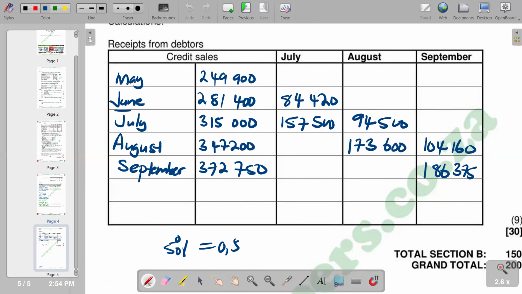So we say 249,900 times 15%, and then we put it in the July column. We calculate and get 37,485.